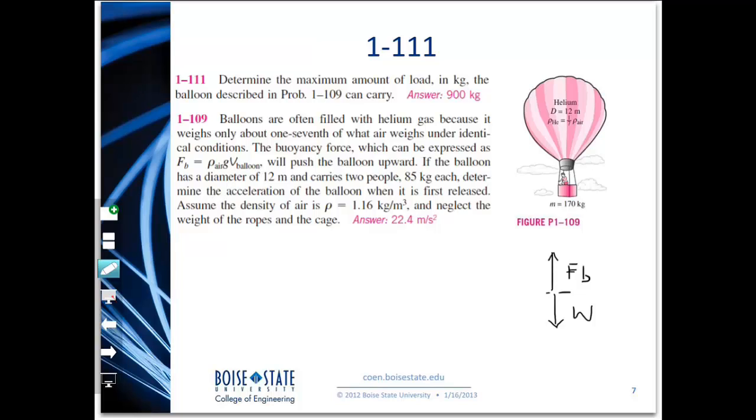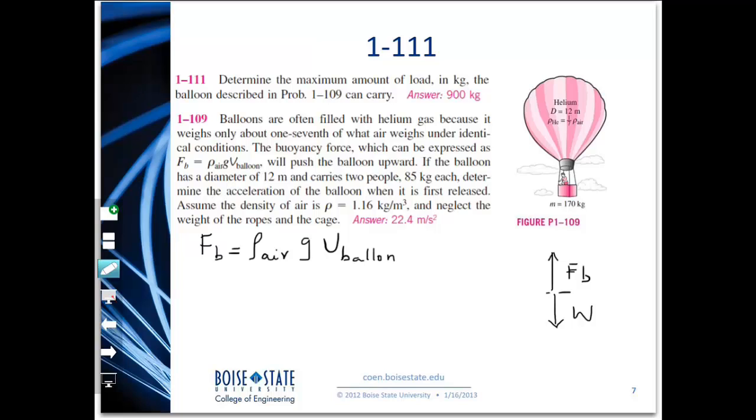However, we can compute the buoyancy force at this point since we know the formula. So F buoyancy is density of air, rho, times g times the volume of the balloon, right?